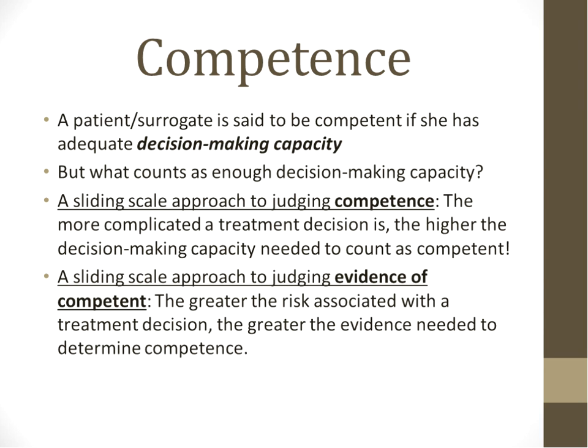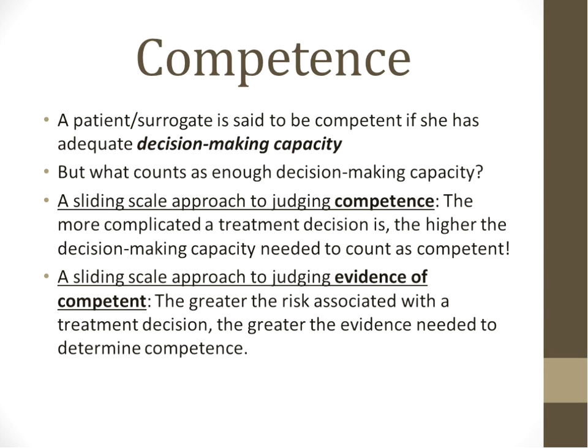In connection with patient competence, what we really mean is, does the patient have enough decision-making capacity to make the particular decision at hand? So that means that all judgments of competence are done on a sliding scale. What I mean by that is this.